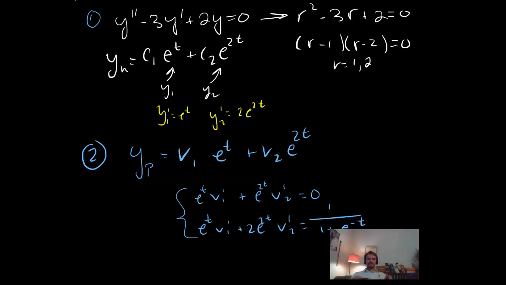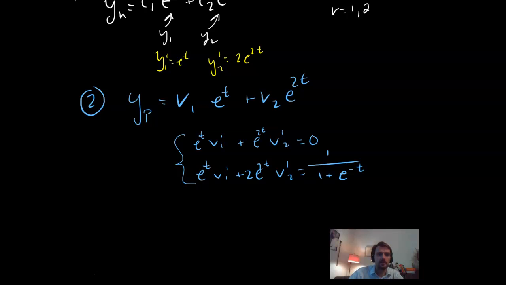But because this one has the exact same terms here and here, it's going to be a lot easier to just subtract one of these equations from the other. So let's just subtract the top one from the bottom. So to solve this for v1 prime and v2 prime, if I subtract the top from the bottom, I have 0 plus e to the 2t v2 prime is equal to 1 over 1 plus e to the negative t.